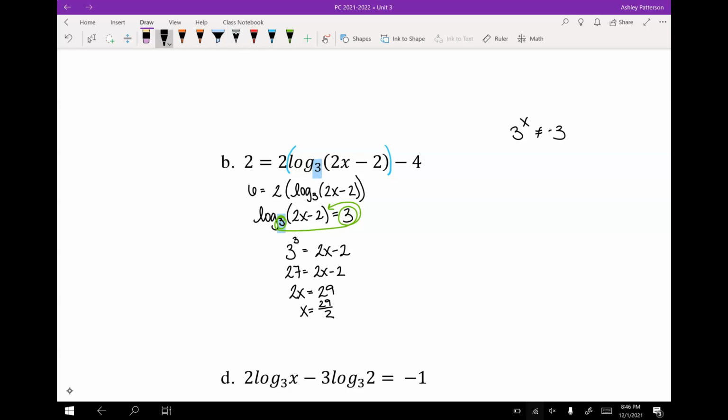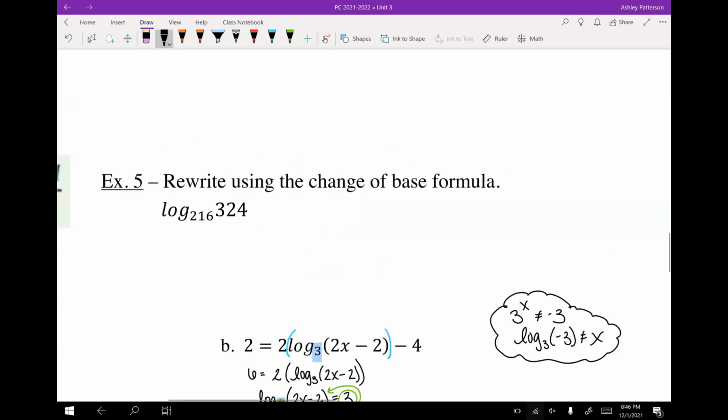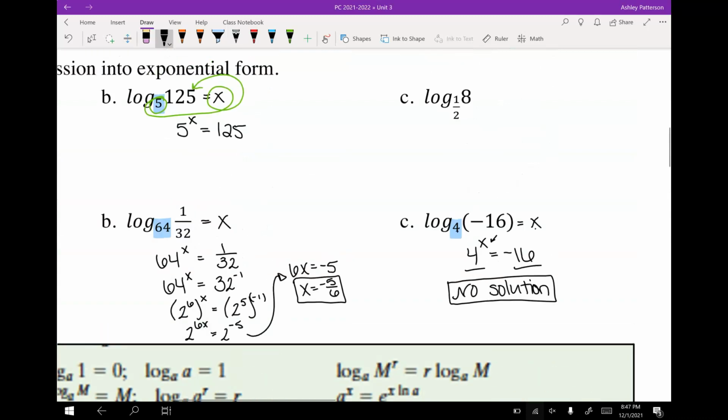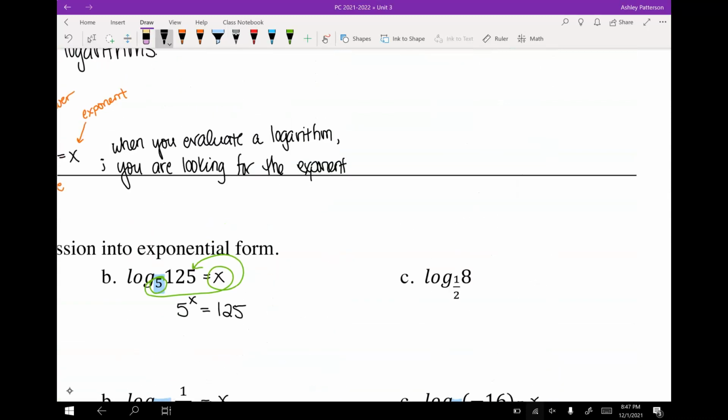So that also means if we were in reverse, that the log base 3 of negative 3 equaling x can never happen. That's right. You can never take the logarithm of a negative number. So let's go back up to the top and write that down so we don't forget. Reason being, what we just talked about with exponentials.